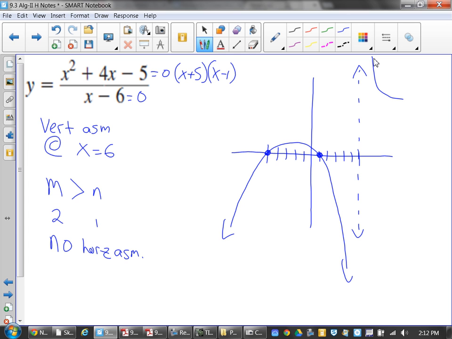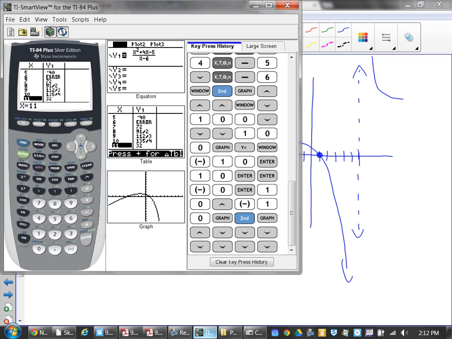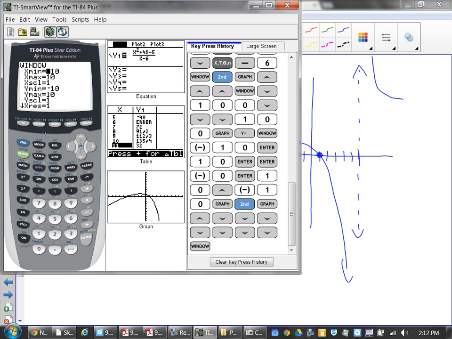So now, just change your window real quick, just to get an idea. Change your window to an X maximum, I don't know, 100, and a Y maximum of 100. You might get a better view of what's going on.